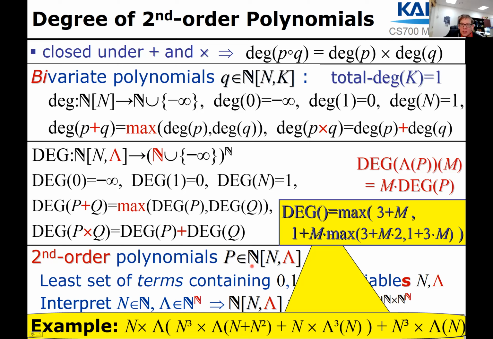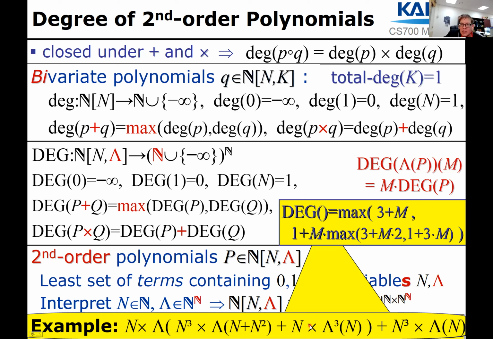There's this n, which leads to 1, plus leads to the maximum, times leads to plus, lambda leads to the variable m, and in this term the argument becomes a product, by this definition, m times the degree of the argument to lambda.